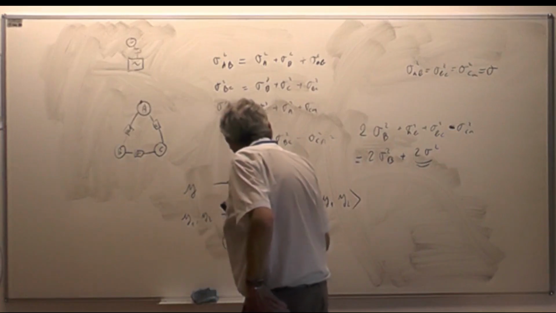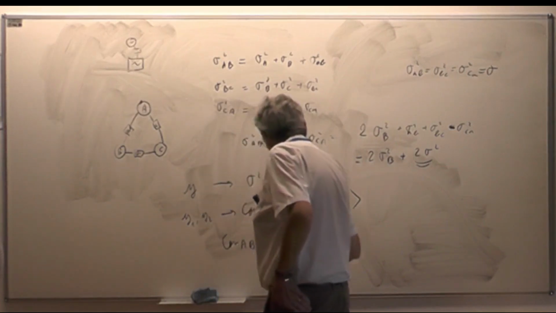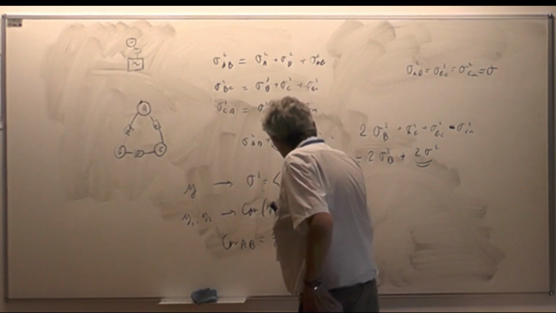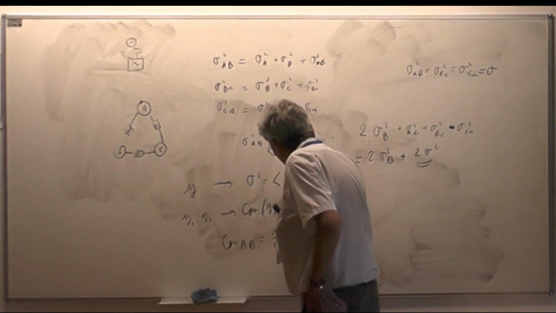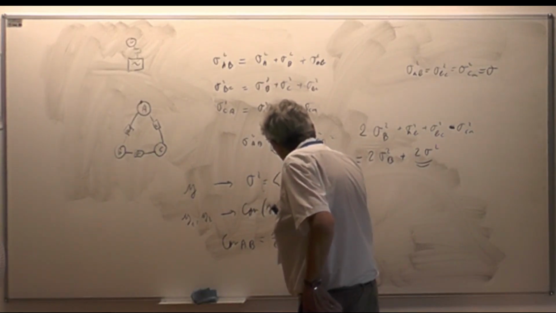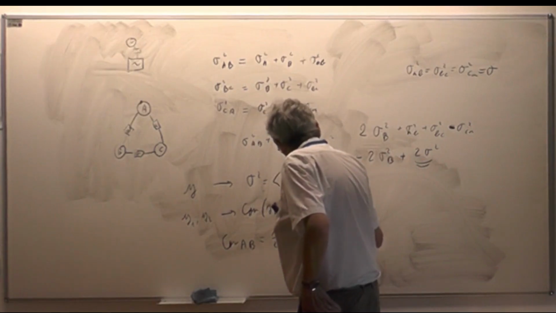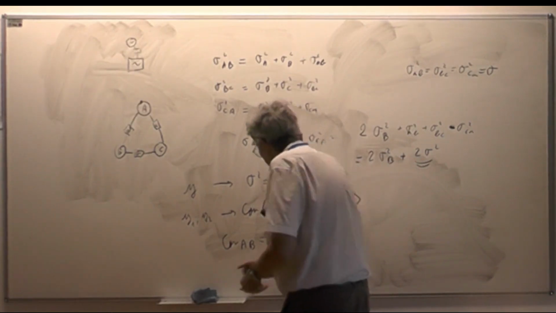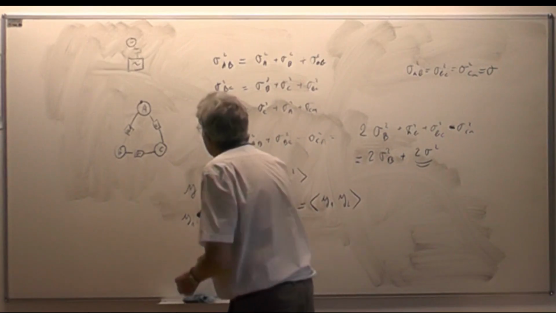It should be 1/2. Instead of doing the square of y2 minus y1, you put the covariance of AB and BC.